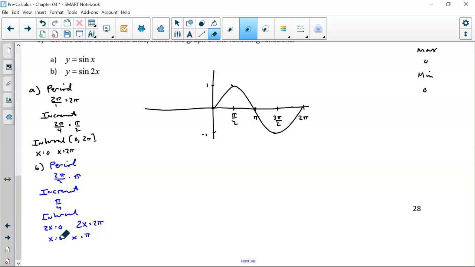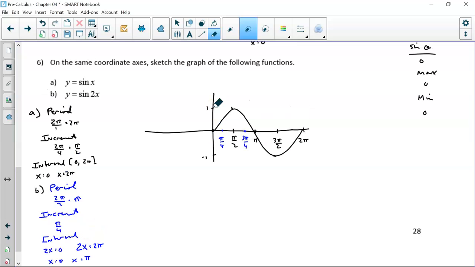So now our increment. We're not going pi over 2, we're going pi over 4. Now, 2 pi over 4 is the same as pi over 2. Then we have 3 pi over 4, and then 4 pi over 4 is pi again. So now what this graph is going to look like, we still do 0, max, 0, min. We go 0, then we do max, 0, min, and then back to 0.